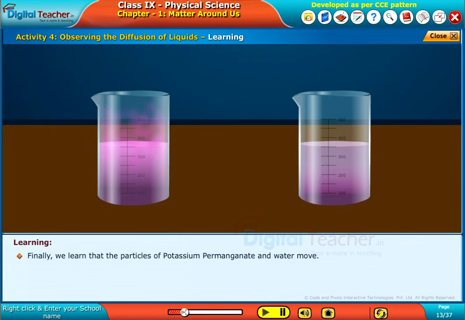Finally, we learned that the particles of potassium permanganate and water move. Therefore, we can conclude that liquids also diffuse with each other like gases.